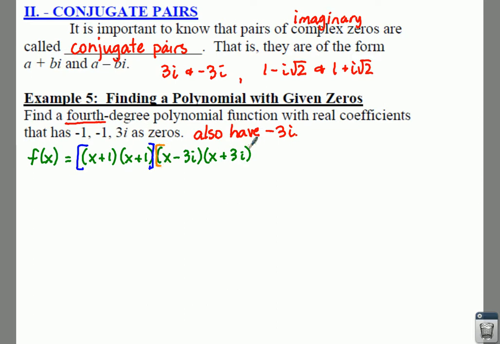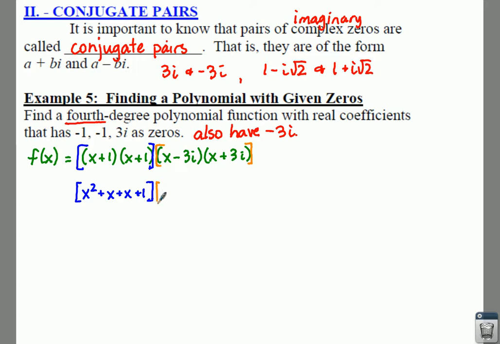Nice part about this, when you set it up correctly, you have a nice little easier shortcut here on the front. So we're going to say, well, x plus 1 times x plus 1, that gives us x squared plus a 1x plus another x plus a 1. And then in the orange, this is a difference of squares.